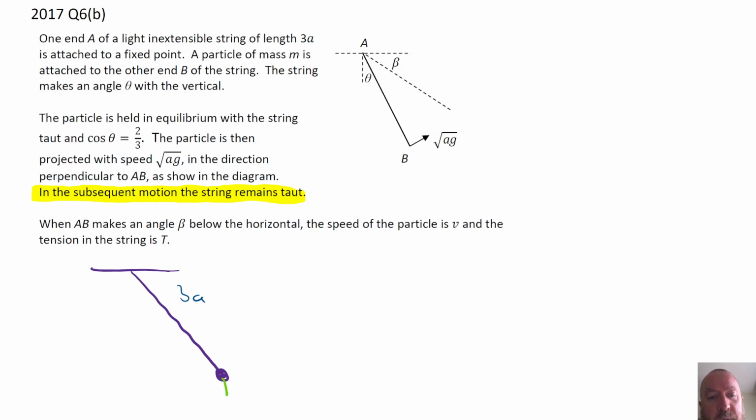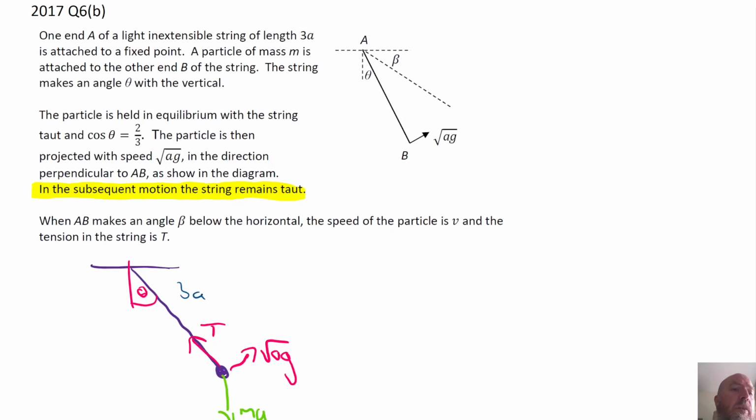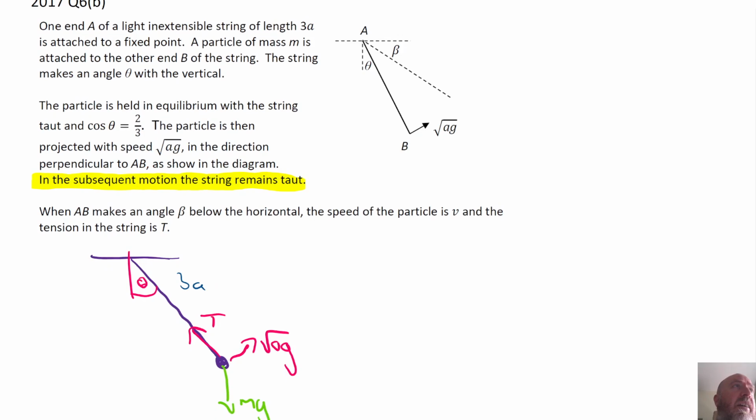We have mg down. We have tension up. The velocity is going to be root ag, and the angle is theta. So that's what's happening at the start of the situation. The string is held there, then it's pushed upwards.